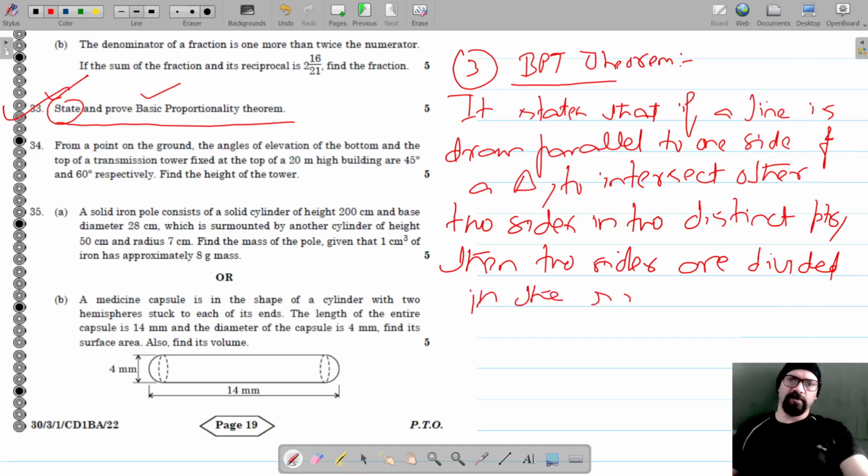When the two sides are divided in the same ratio, this is the BPT theorem. And now we are going to prove that.